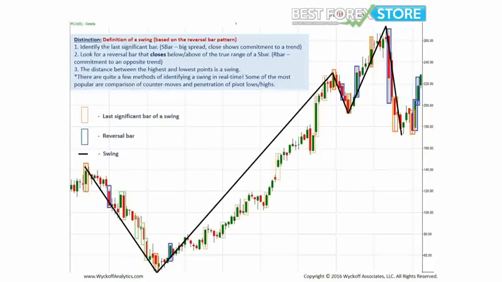For those of you who have not taken the 4th month of the advanced Wyckoff course, or haven't taken the advanced Wyckoff course at all, this is going to be new, because this is not in the methodology. This is something proprietary that I've developed for myself, for my own trading.